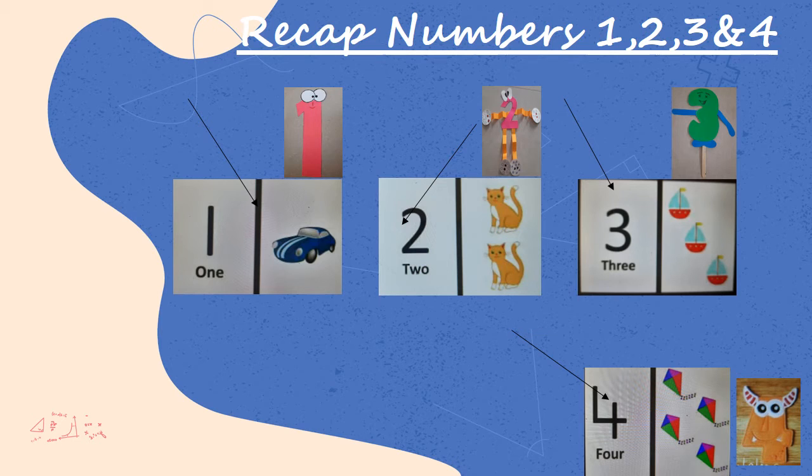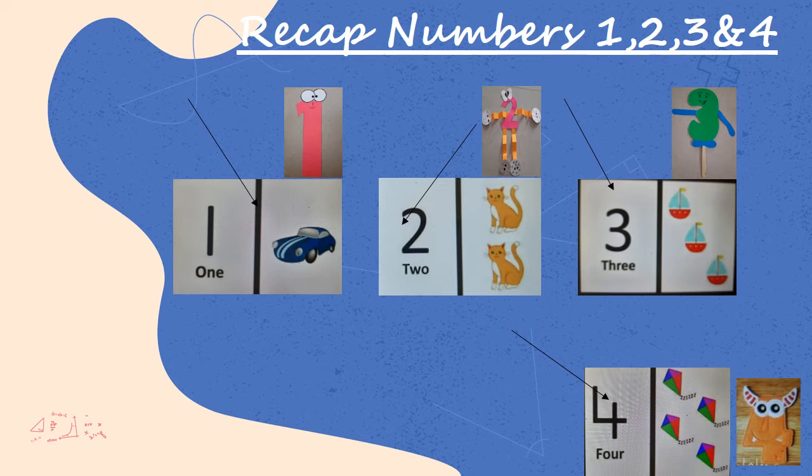And what is the friend of number 2? It is Miss 2. So, number 2's number puppet is called Miss 2. And the number is number 2 with 2 cats.